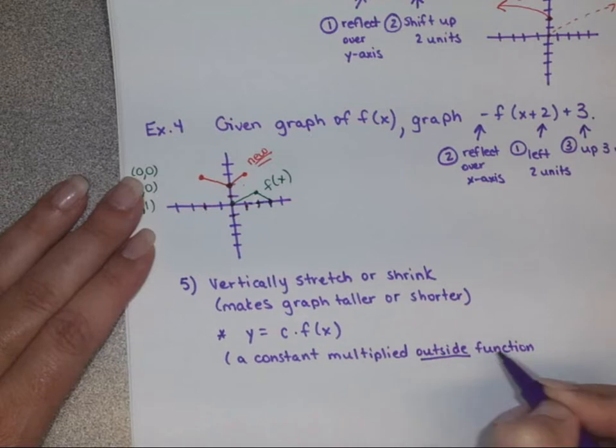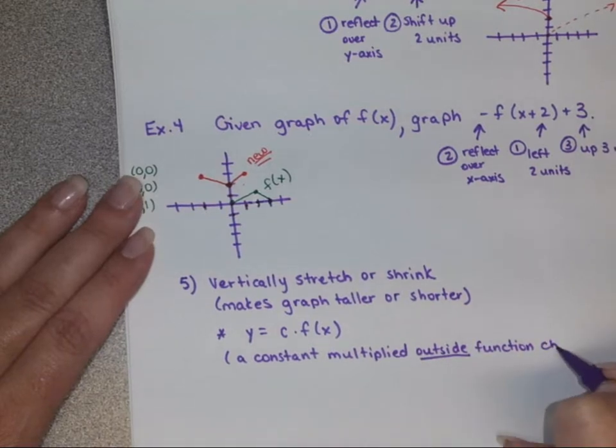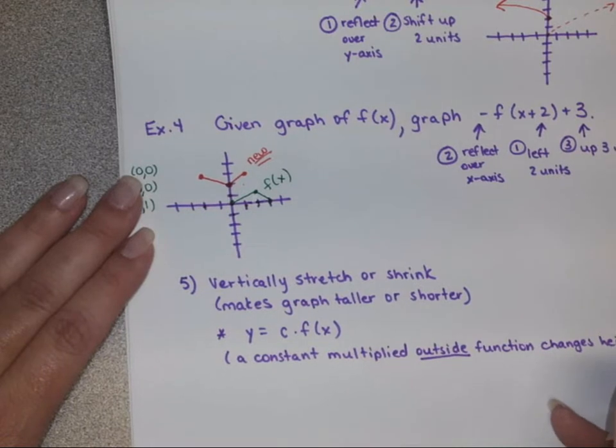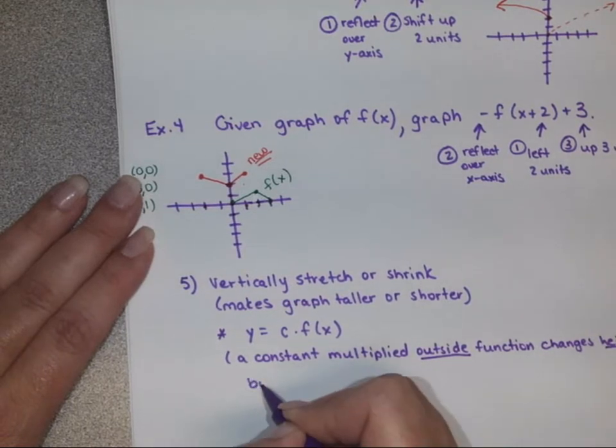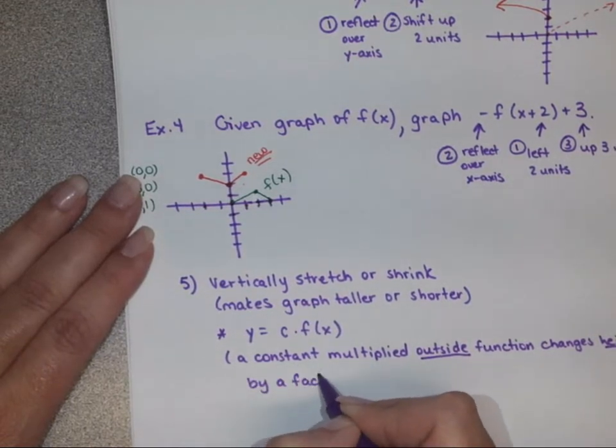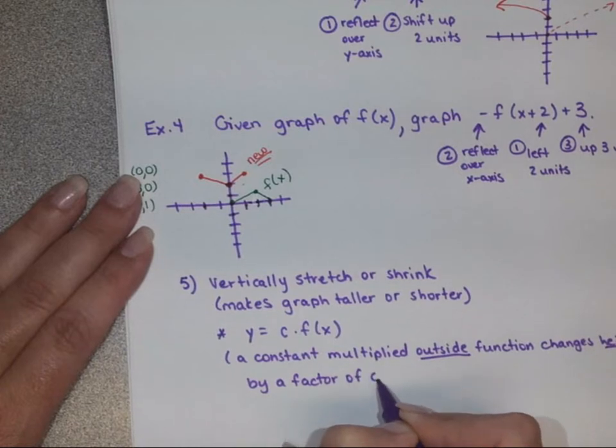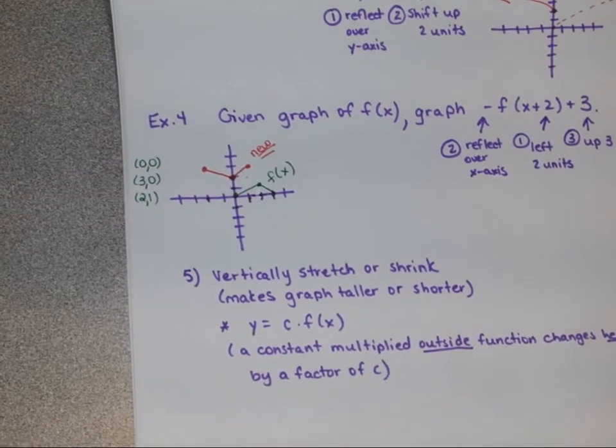So I'm going to underline outside because I think you can probably guess that there's going to be one for inside too. But it changes the height by a factor of C. So it doesn't change the width, it only changes the height because it's a vertical change.